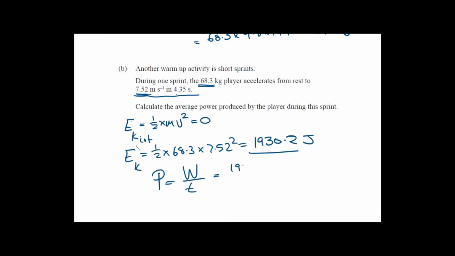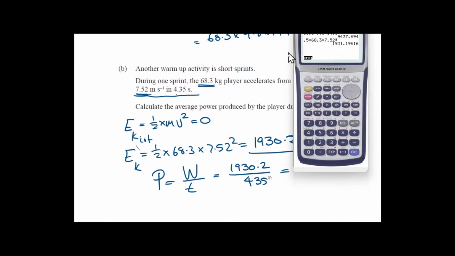So it's going to be 1930.2 joules divided by 4.35 seconds.